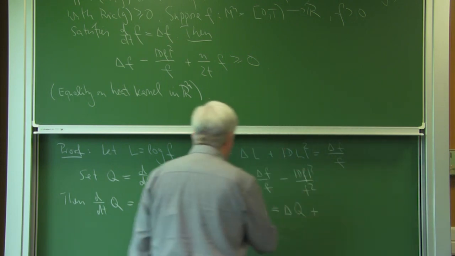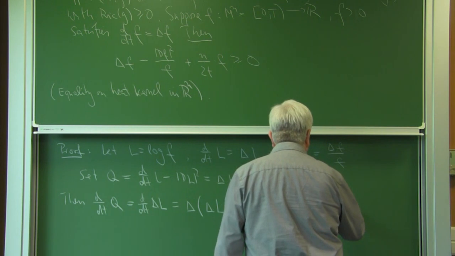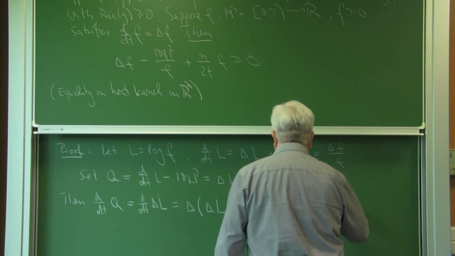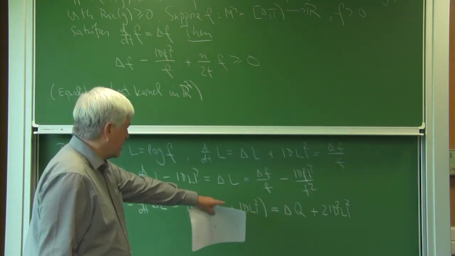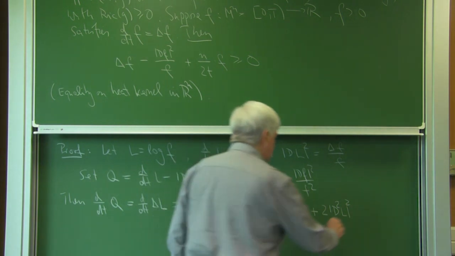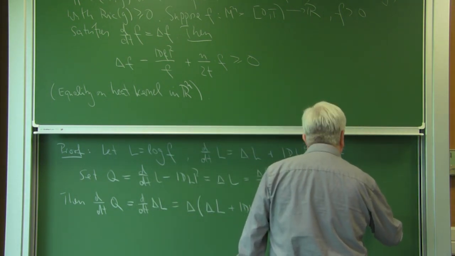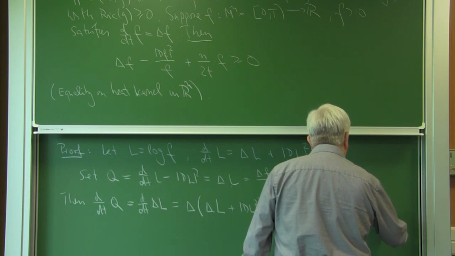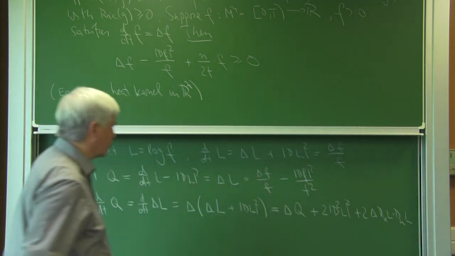So when we compute the Laplacian of the gradient of L squared, we get on the one hand the Bochner term, 2 times the Hessian of L squared, and on the other hand we get 2 times the gradient of the Laplacian of L times the gradient of L. Okay?